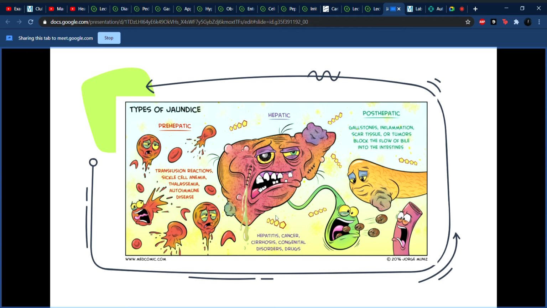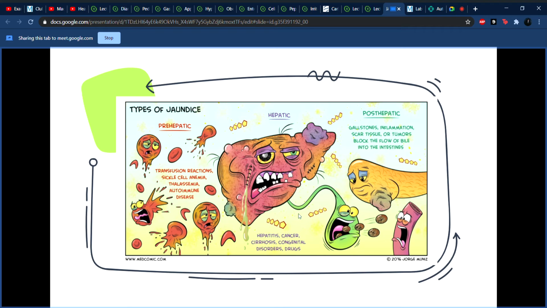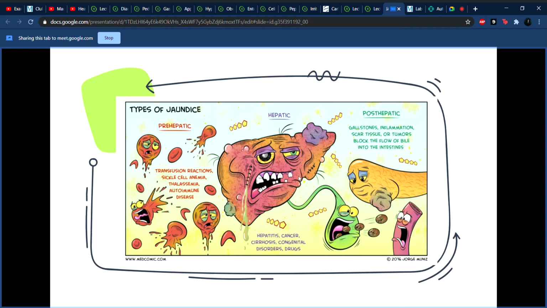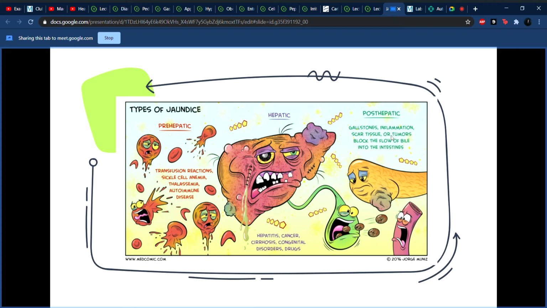For hepatic, we have hepatitis, Hep A, Hep B, Hep C, Hep D, Hep E, cancers, cirrhosis, congenital disorders such as Crigler-Najjar, and drugs such as PCM overdose. For post-hepatic, we have gallstones, cholelithiasis, inflammation, scar tissues or tumors that are blocking the flow of bile into the intestines.